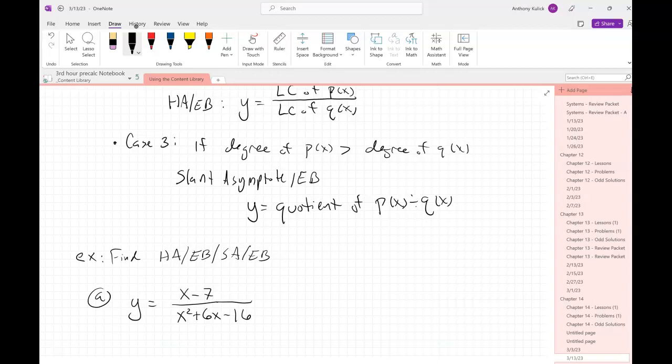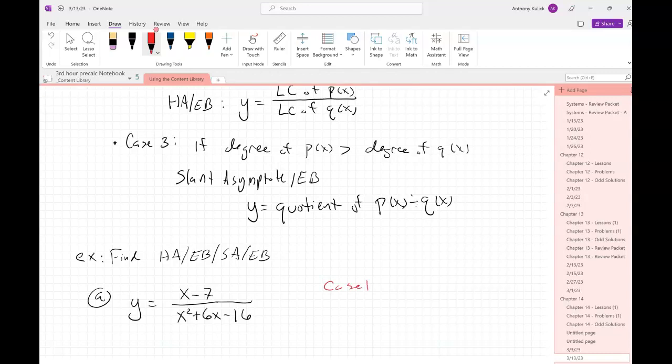Okay, so let's say that we have x minus 7 over x squared plus 6x minus 16. Which case are we in? Good.